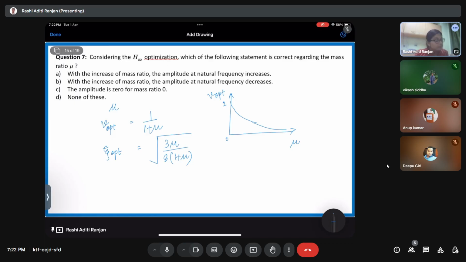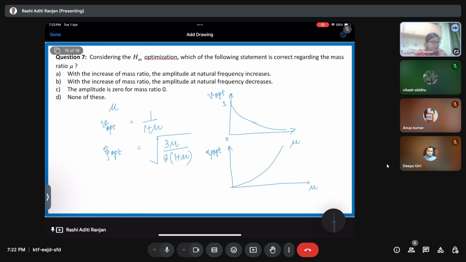Similarly, if I talk about the plot of optimal damping with respect to mu, you'll see that it has an increasing trend. It will go on increasing. So what does it mean?